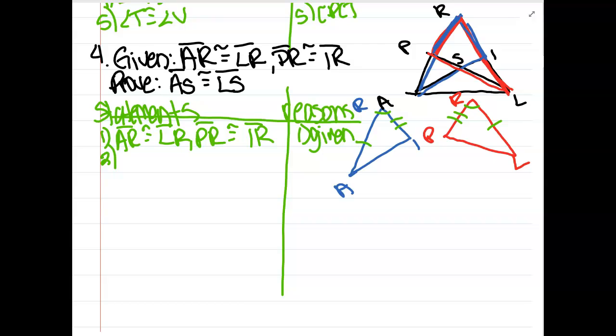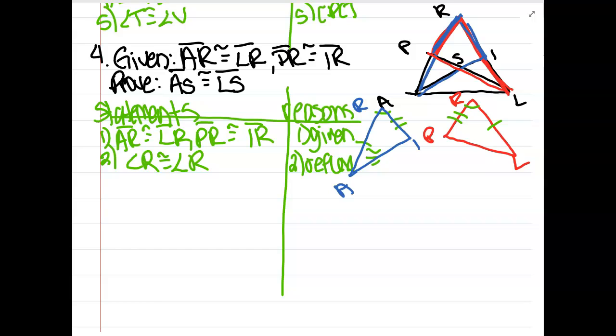What is the corresponding angle here? What's my congruent set of angles? What angle did I mark that's congruent? Yeah, it's just angle R. Angle R is congruent to angle R because of the reflexive property of congruence.